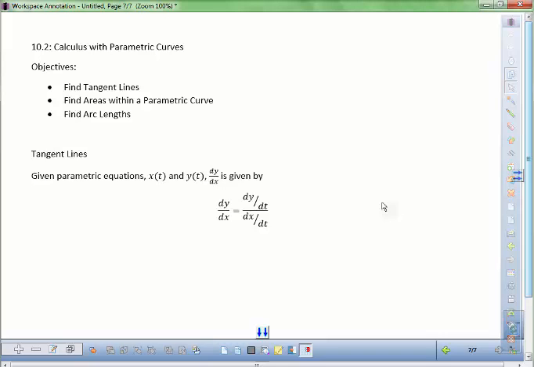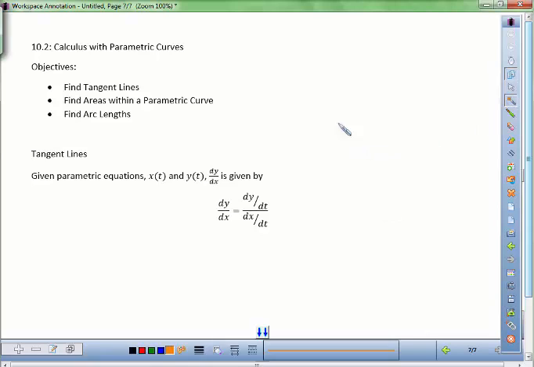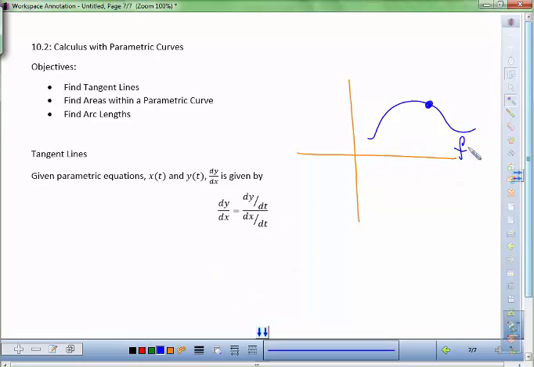If you're looking for a tangent line to some curve, say your curve was f of x, what you would need to do is take the derivative and not only take the derivative, but actually put in the actual point.